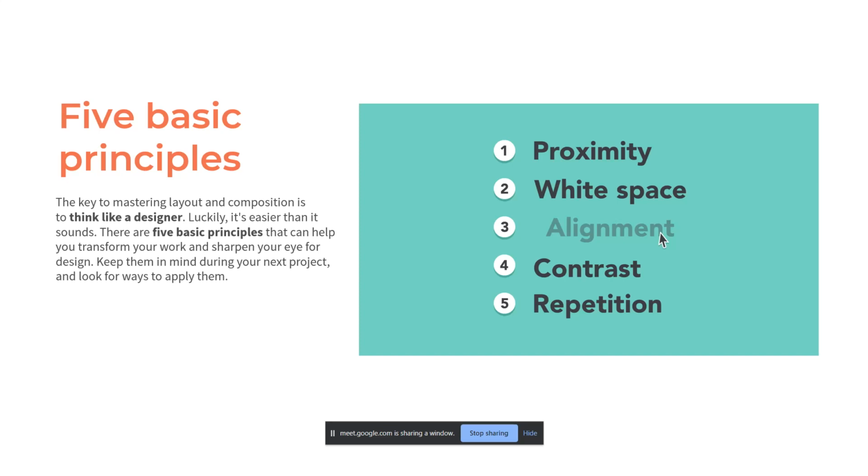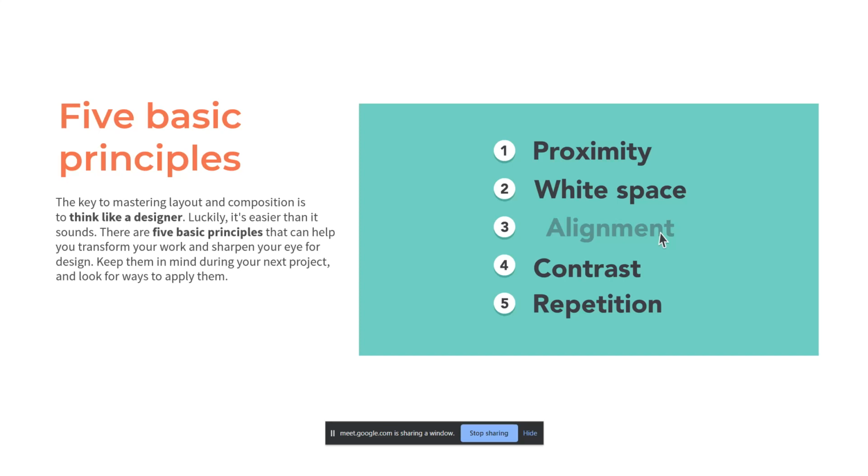The key to mastering layout and composition is to think like a designer. Every day that you want to initiate a design, you have to think like a designer. Luckily, it's easier than it sounds. Those are the 5 basic principles that you need to know as a designer. Being a designer doesn't mean that it only involves graphic design; design has different angles and different areas.